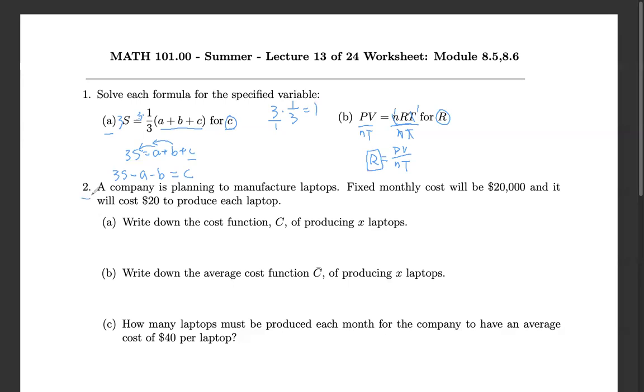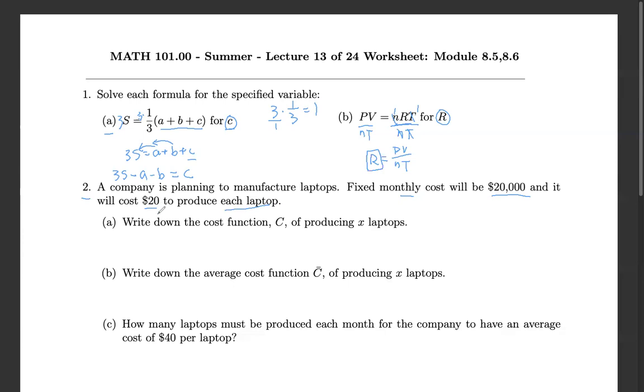Okay, now let's see two. A life application, a word problem. A company is planning to manufacture laptops. Fixed monthly cost will be $20,000. So monthly fixed, so monthly one time. And it will cost $20 to produce each laptop.